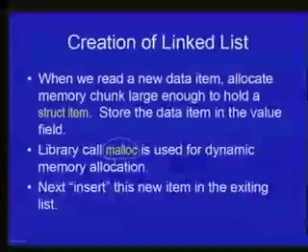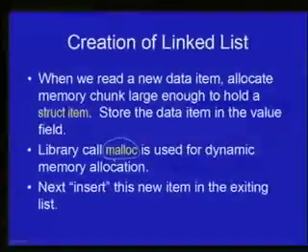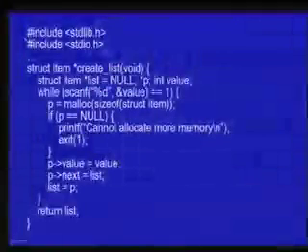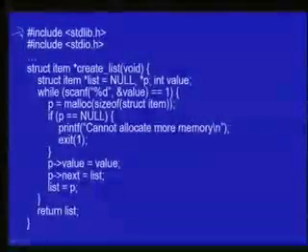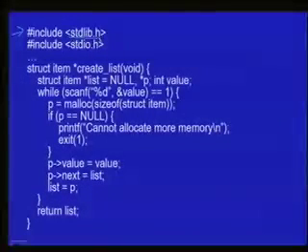So in the first example that we are going to see, the new data item that we read will be inserted in the beginning of the list that is already there. So let's see the code to do that. Well, first, for using the malloc function, you need to include the file stdlib.h. So that has to be included in all programs that use malloc.